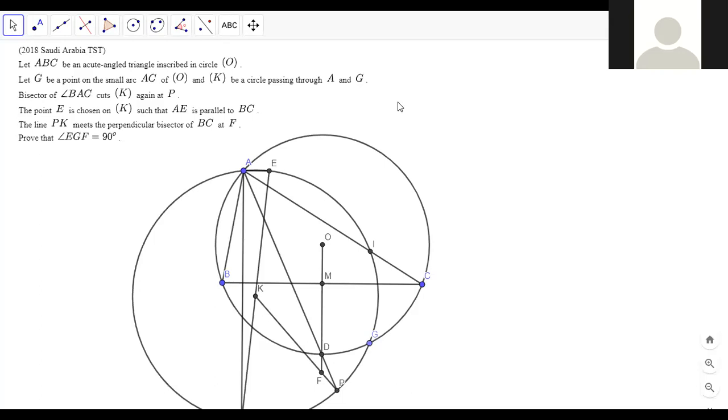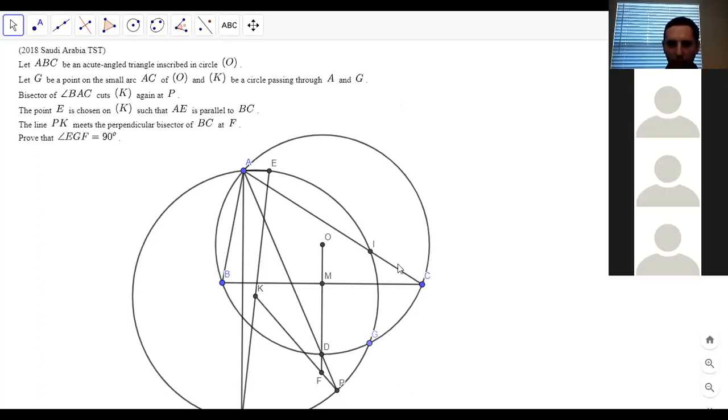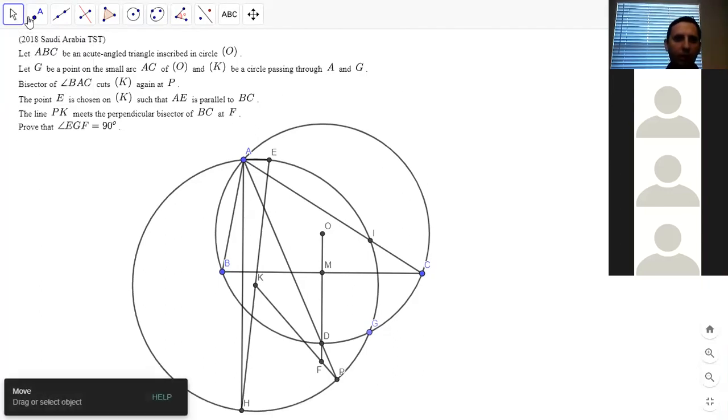I think we can prove that G, D, F, and P are cyclic, by labeling the intersection of OM and the circumcircle of ABC. So this point right here. No, I mean the other one. The other circle, the big one. Okay.